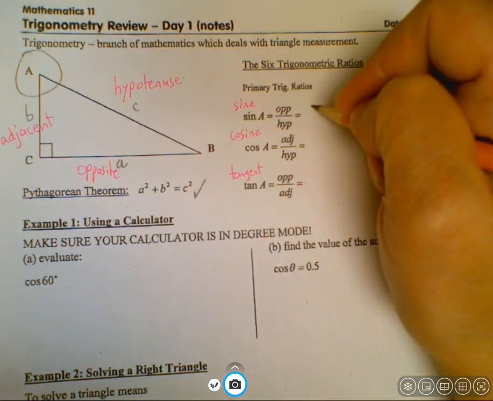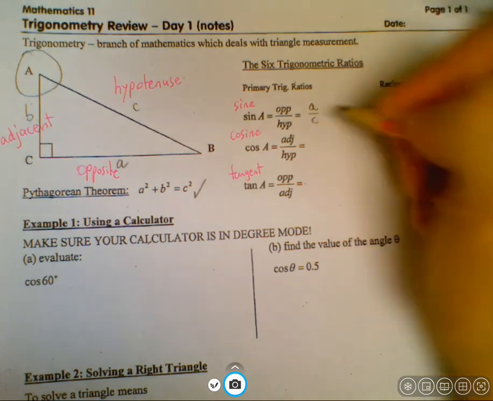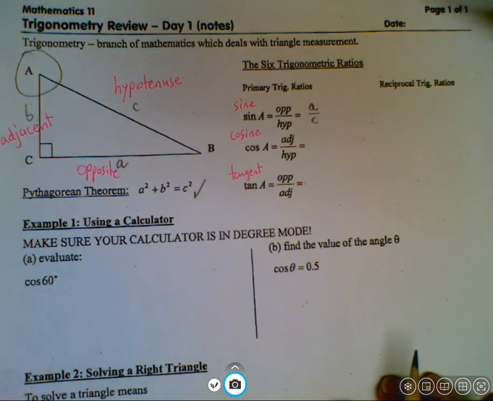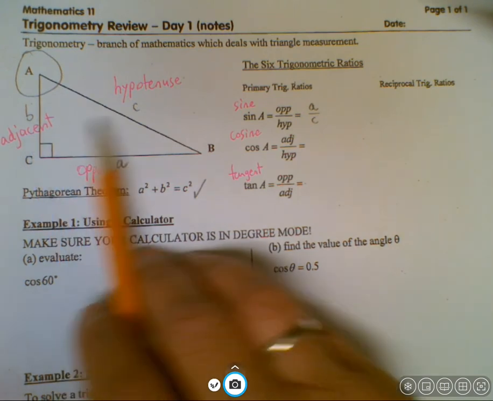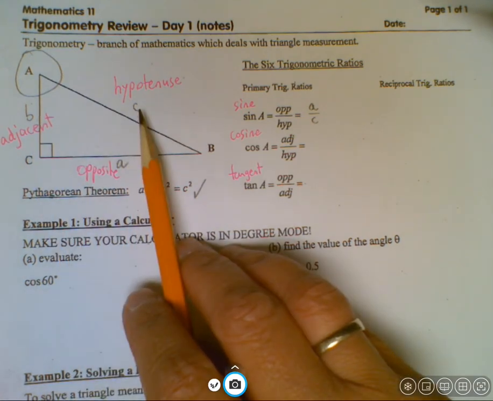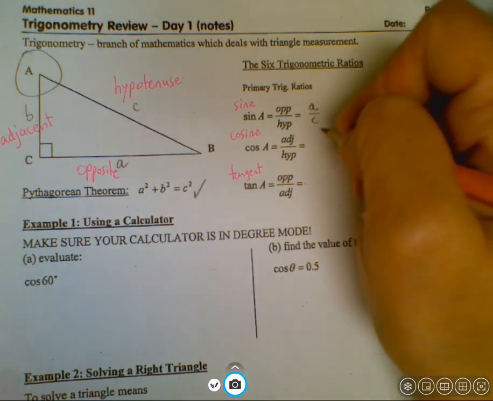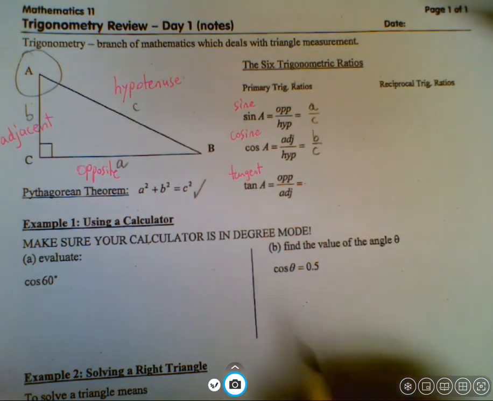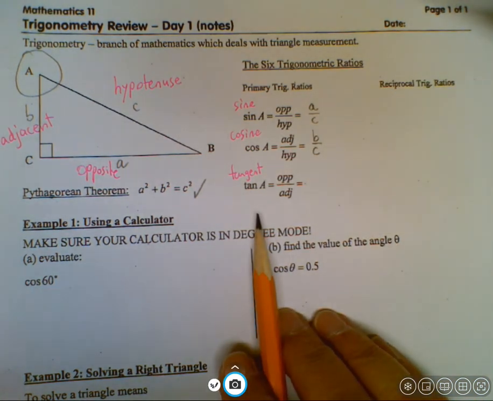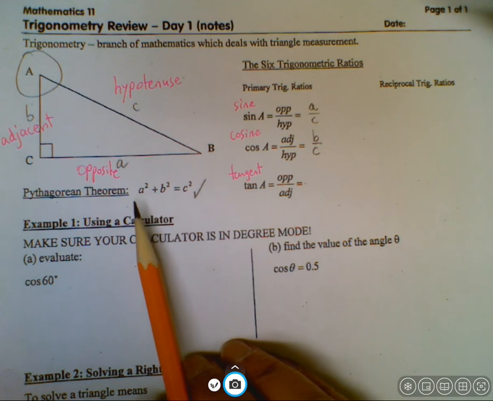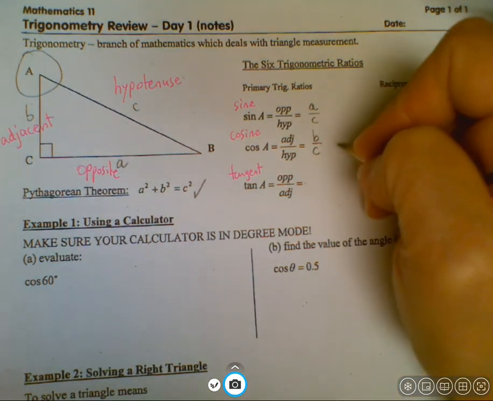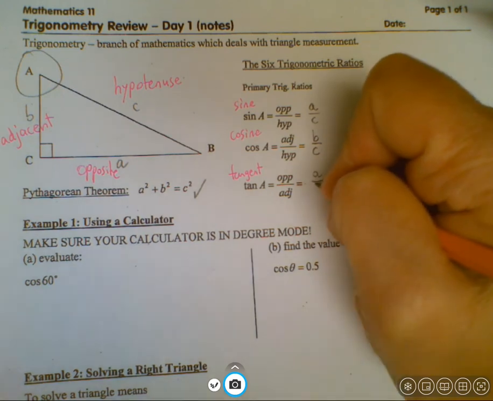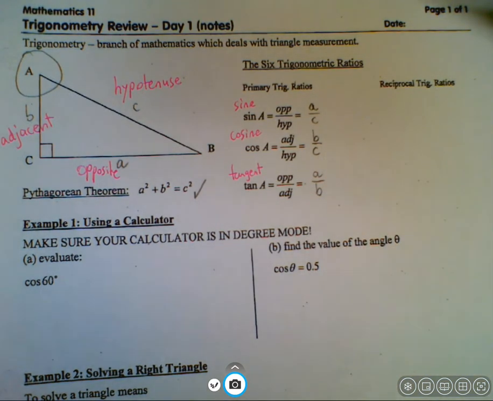So if I use the letters in this triangle, that would be little a divided by little c. The cosine is defined as the adjacent divided by the hypotenuse. So little b over little c. And the tangent is the opposite divided by the adjacent, which is little a over little b.